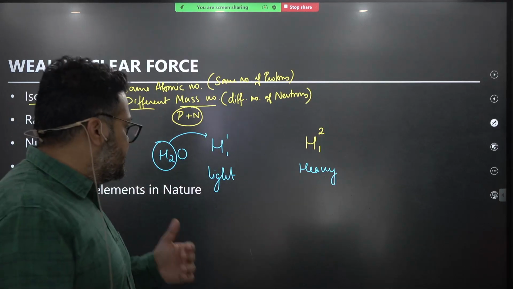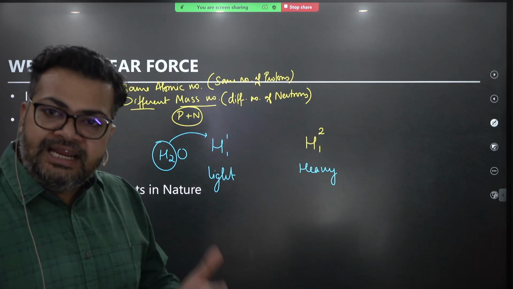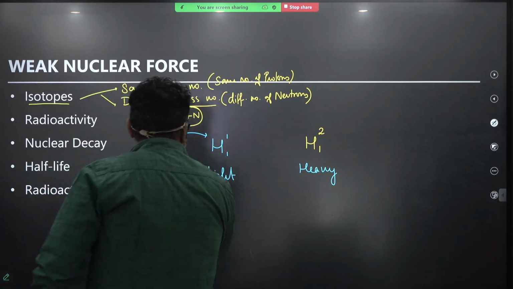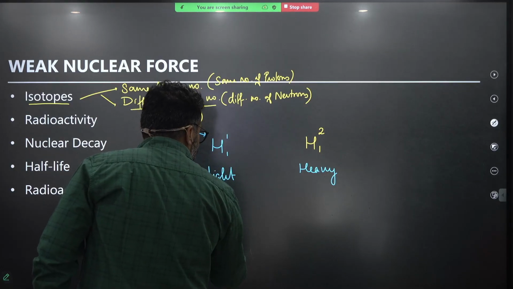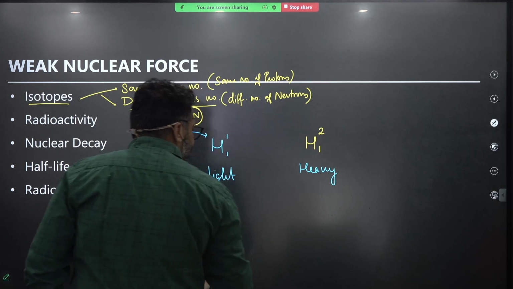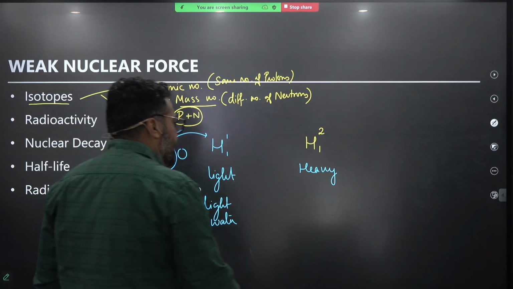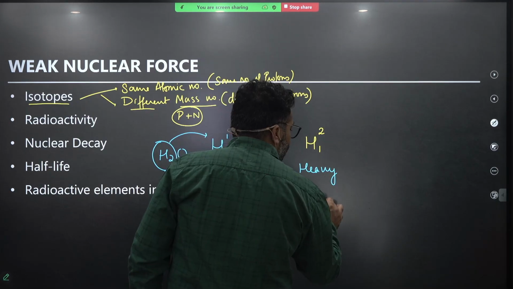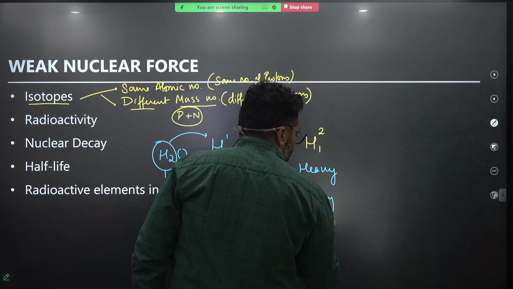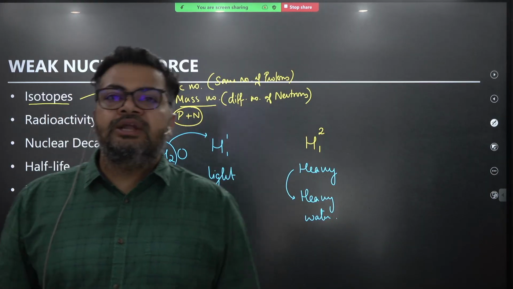And guys, the water that contains light hydrogen should ideally be called light water. So the water that we drink, the water that we have in our body, is typically light water. Similarly, any water containing heavy hydrogen will be called heavy water.